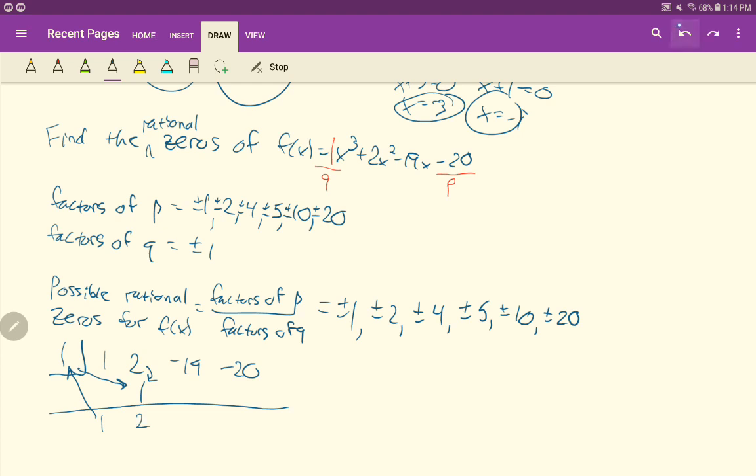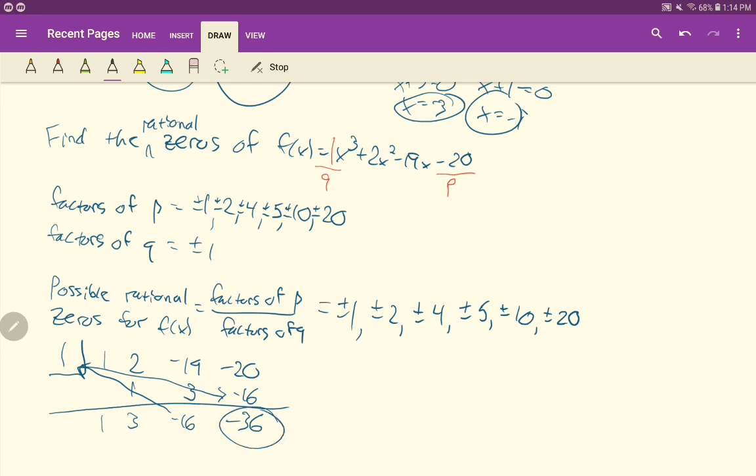And so on and so forth. We'll continue. Need to get rid of those arrows. There we go. Then we'll do the same thing. 3 times 1 gives me 3. Negative 19 plus 3 gives me negative 16. And then negative 16 times 1 gives me negative 16. And negative 20 and negative 16 give me negative 36.